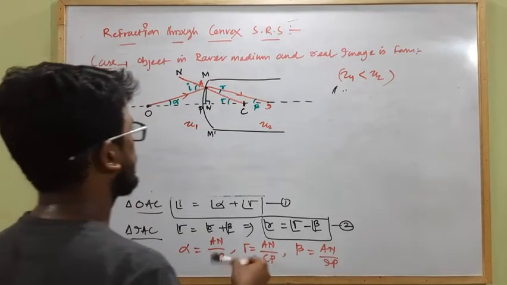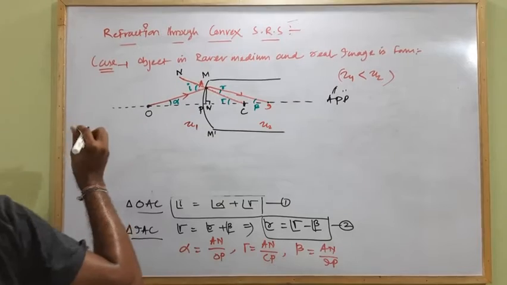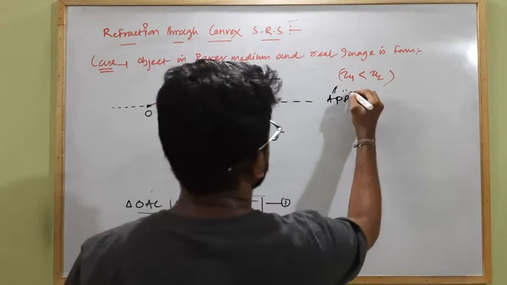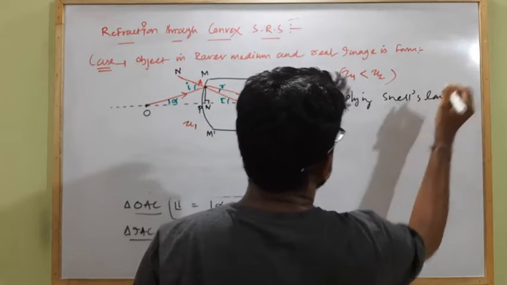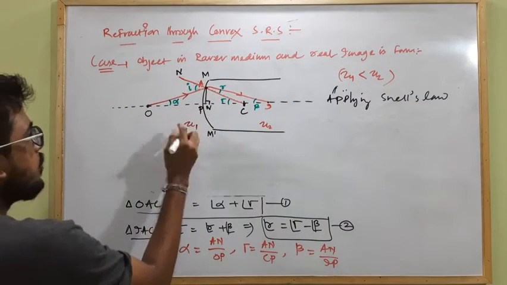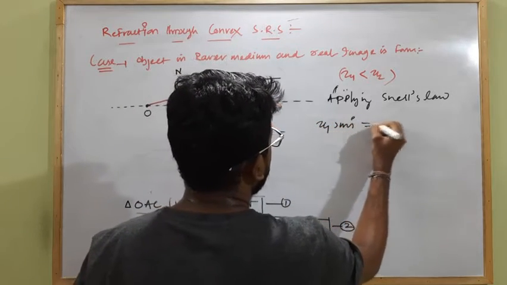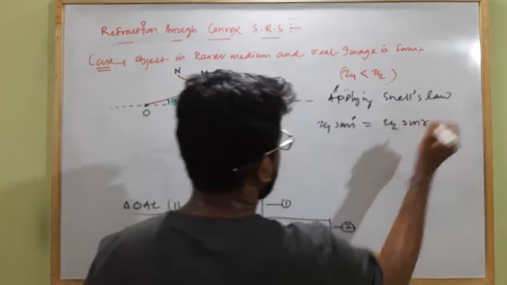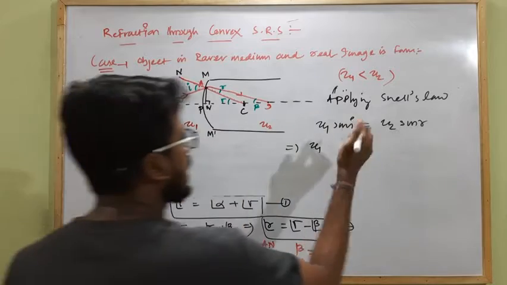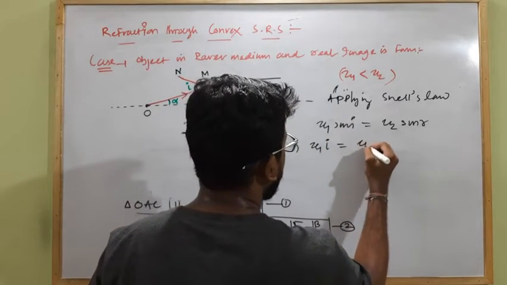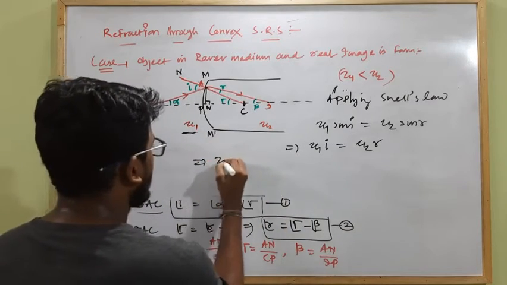Applying Snell's law, we will get, light travels from mu1 medium to mu2 medium, so I can write mu1 sin I equal to mu2 sin R. This implies mu1, as I and R are very small angles, so sin I can be written as I, equal to mu2 sin R can be written as R. So this implies we will get mu1.